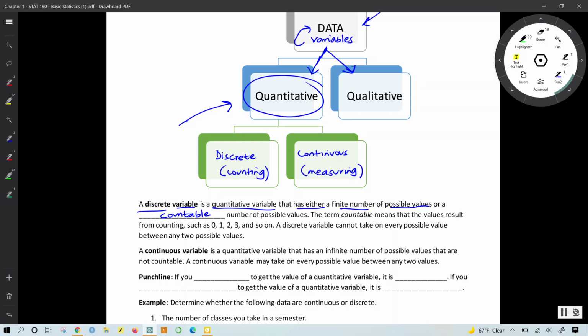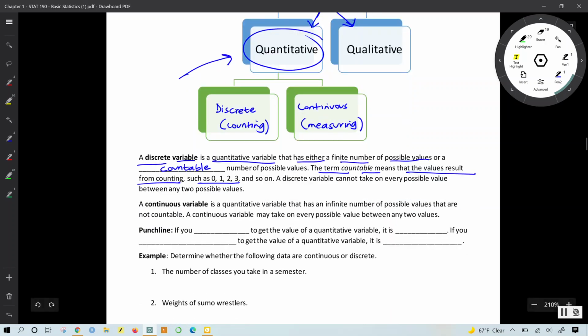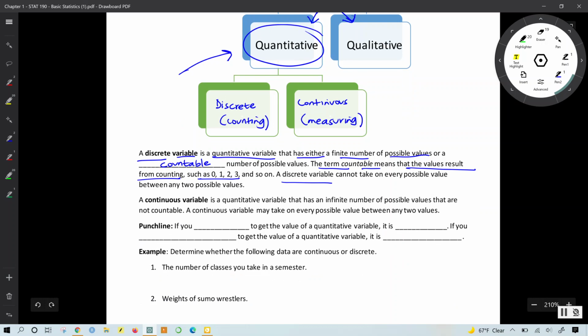We can count it. So take note that the term countable means that the values result from counting, and so the only possible values of a discrete variable are whole number values, 0, 1, 2, 3, and so on. A discrete variable cannot take on decimal numbers.